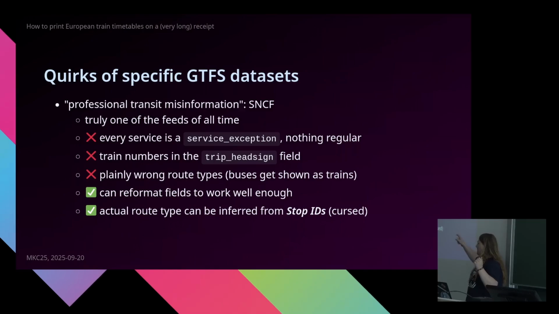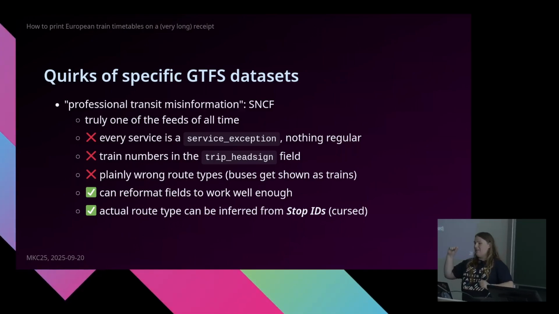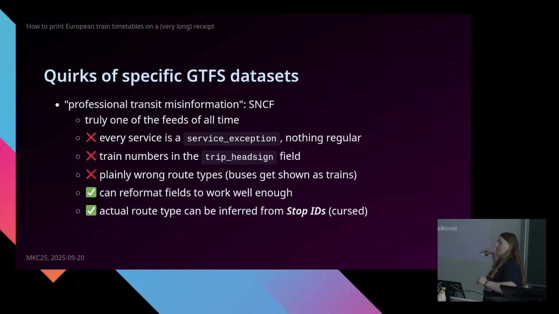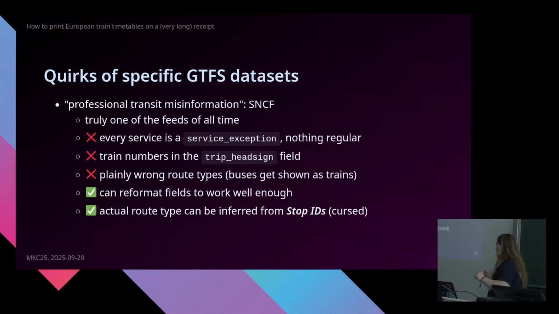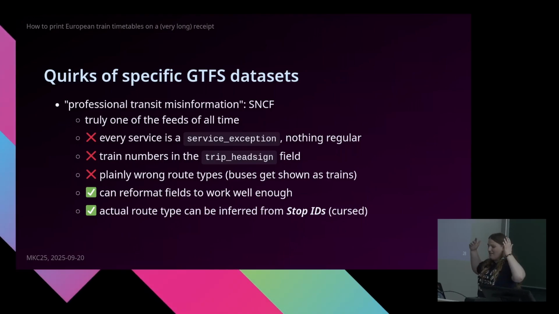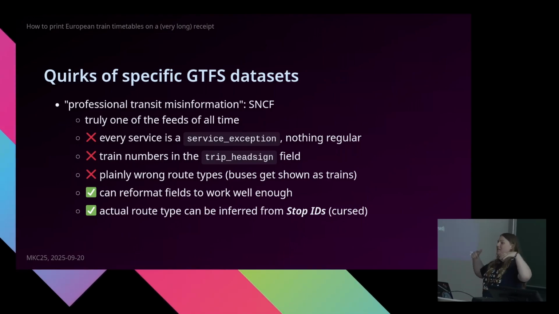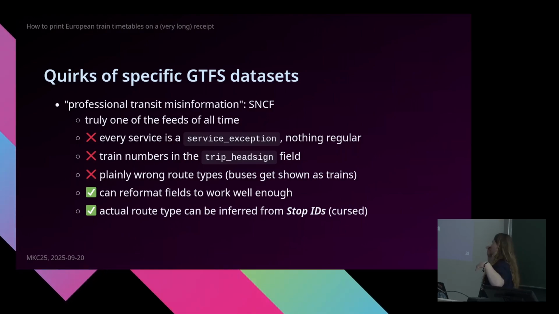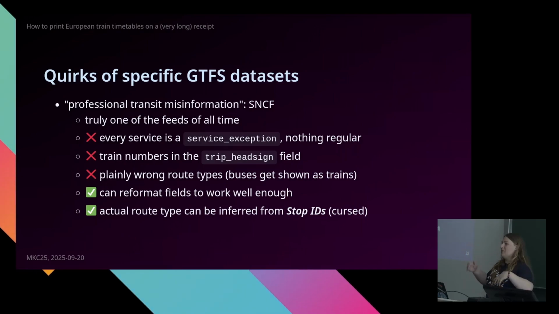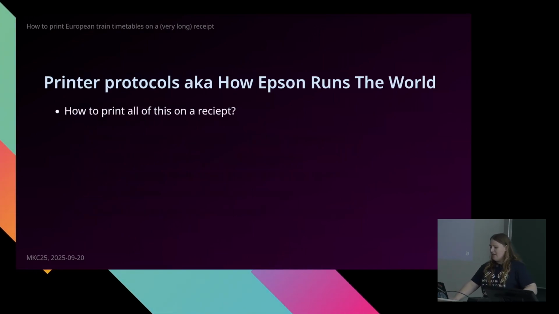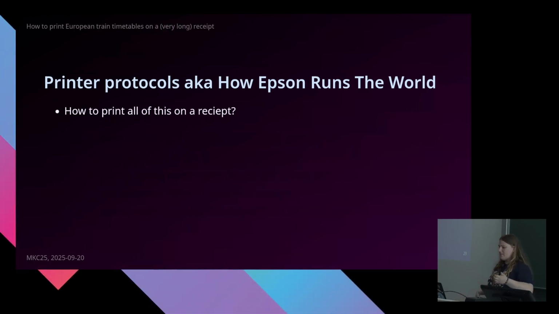Turns out they have a prefix on that stop ID, and that prefix highlights what kind of stop it is, if it's a bus stop or a train stop or whatever. And so we can write a converter that basically looks at the stop IDs, parses that prefix, and then recategorizes the routes into two different categories. So that's good and all.